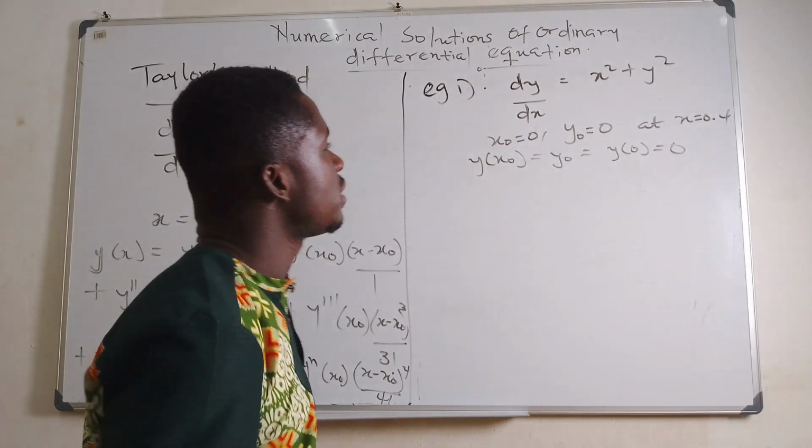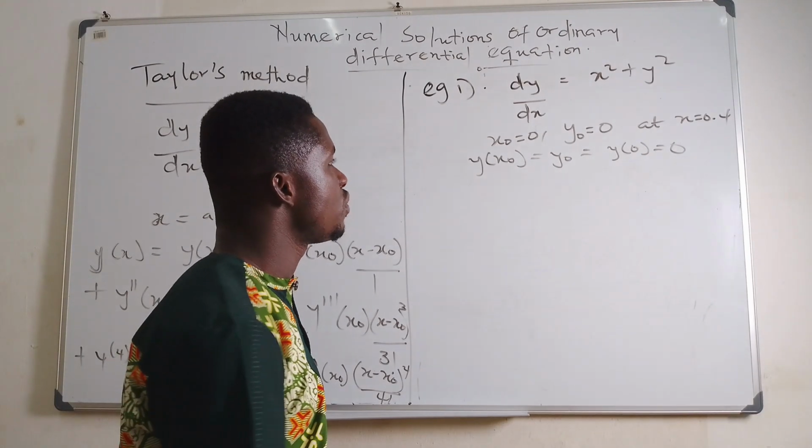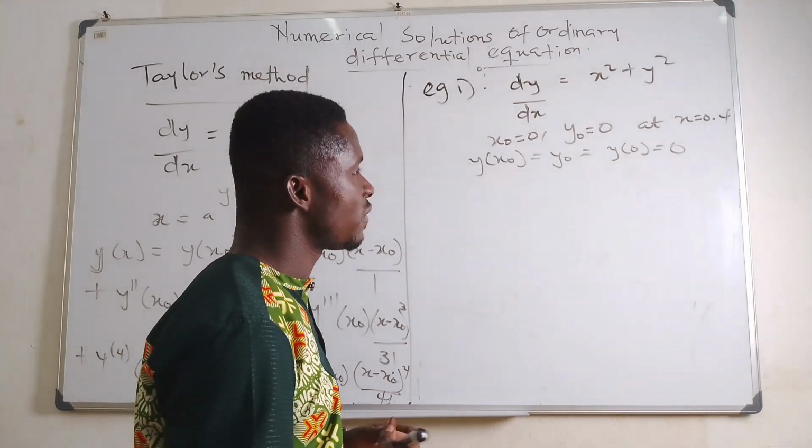Now we are to solve using Taylor's method. So how are we going to solve? First of all, you need to write your formula down.